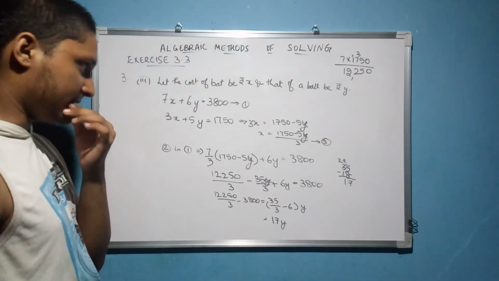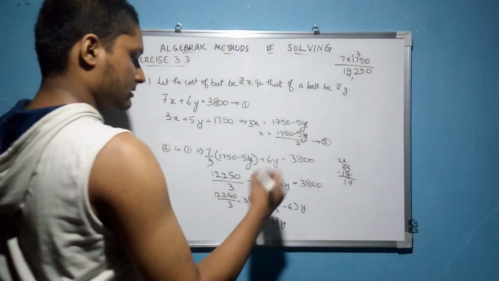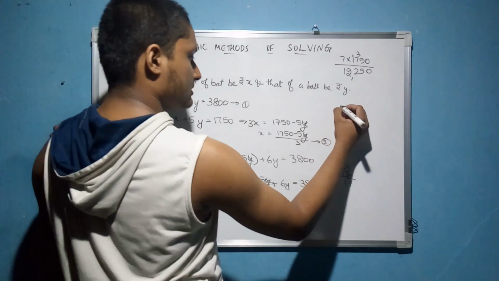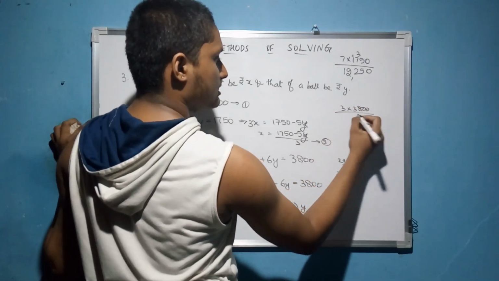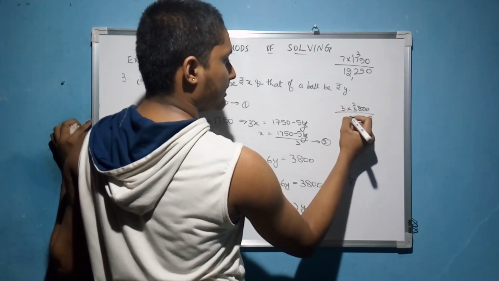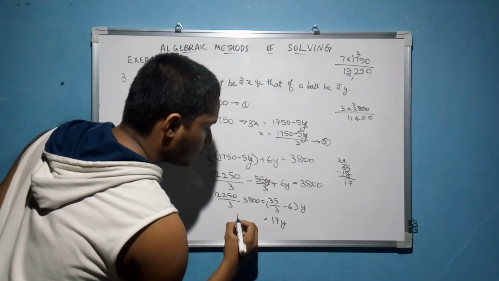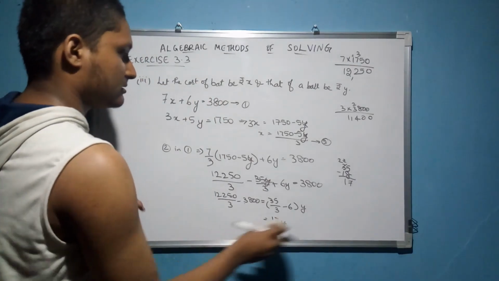Here we get 3 into 3800, which is 11400.